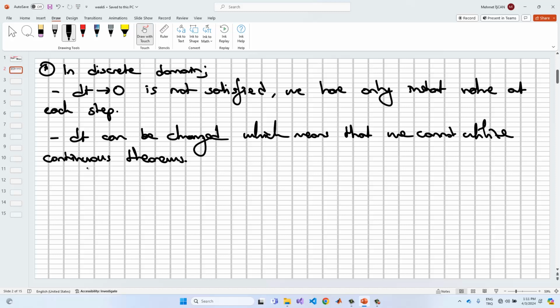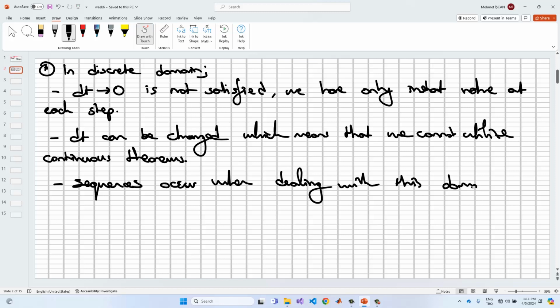Okay, and so if this is the case, we have only a sequence, right? This happens when dealing with this domain. Okay. This is the basic feature for the discrete time domain.